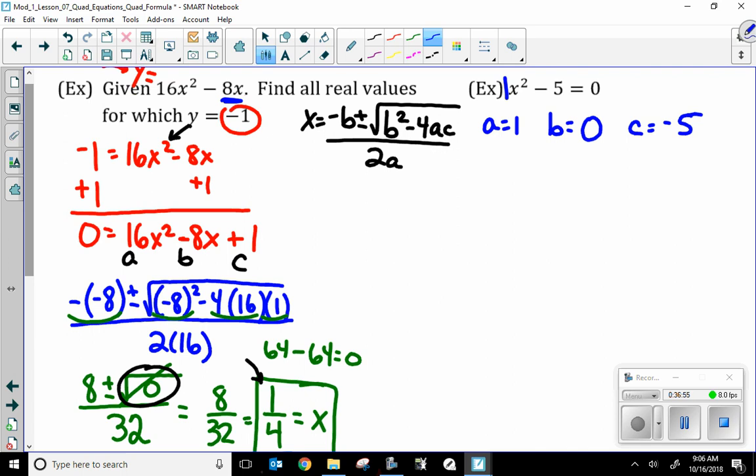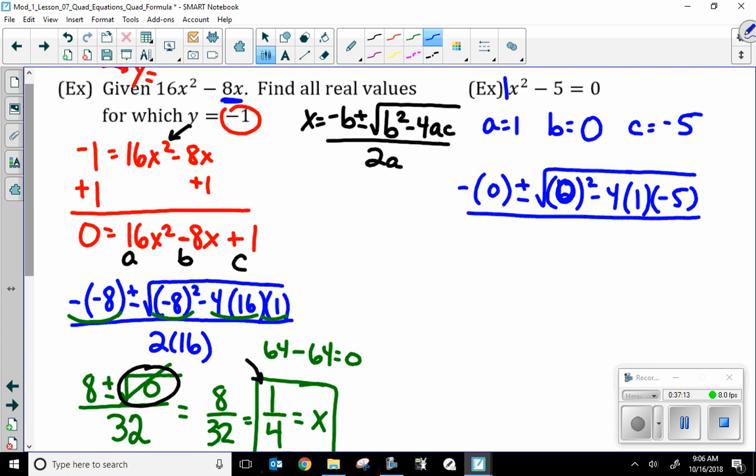All right, let's get going. The negation of b, which is 0, plus or minus the square root of b, which is 0, squared minus 4 times a, which is 1, times c, which is negative 5, all over 2 times a, which is 1.